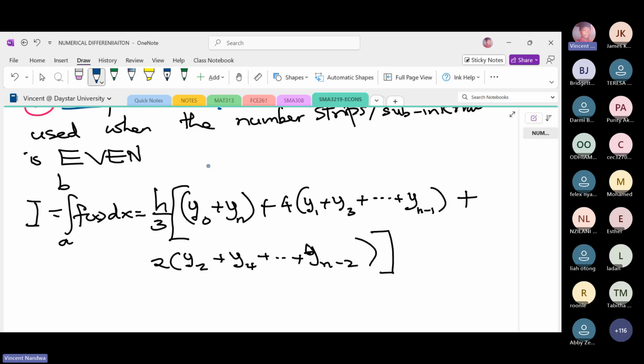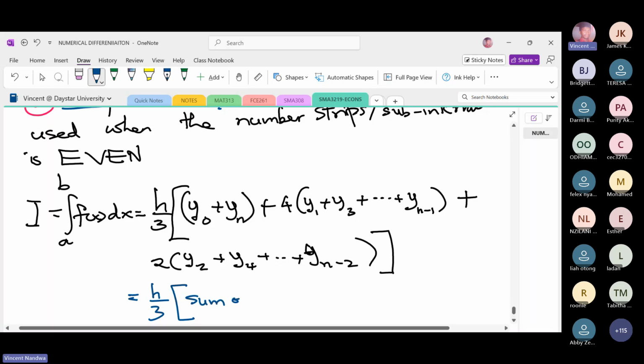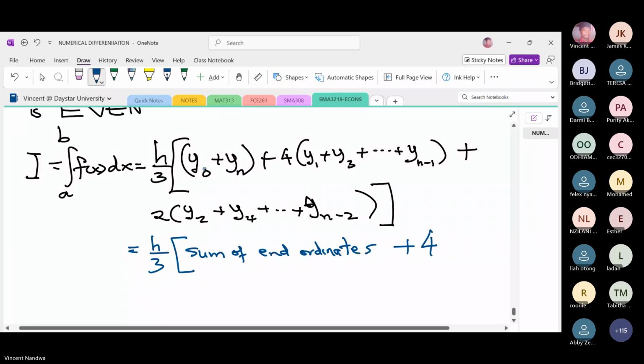So this structure can as well be written as h/3 into sum of end ordinates plus 4 times sum of odd ordinates plus 2 times sum of even ordinates.